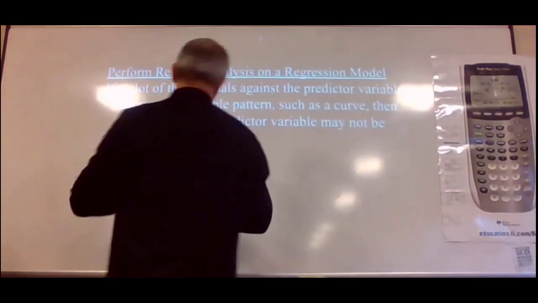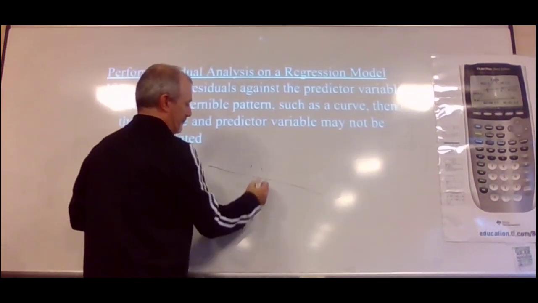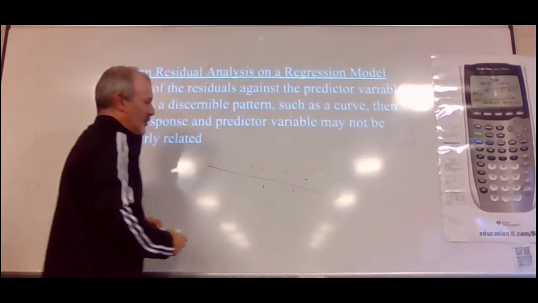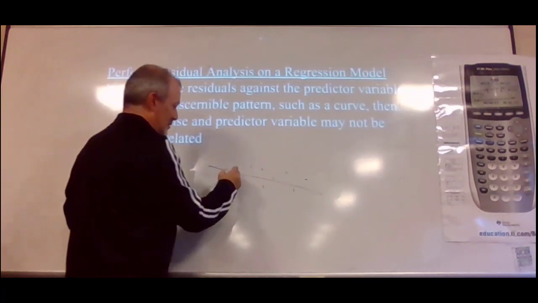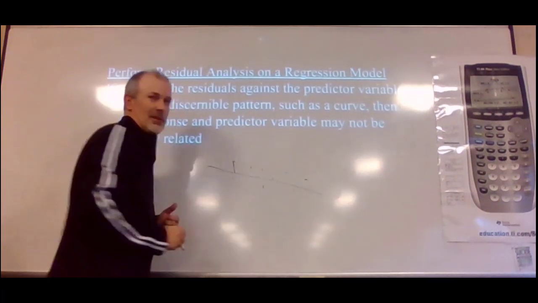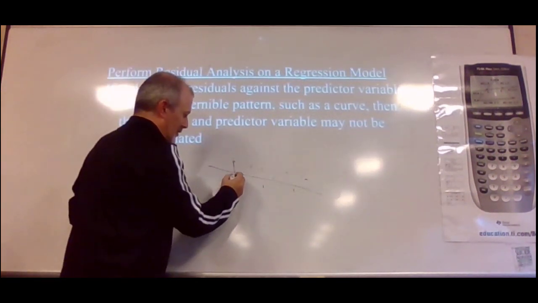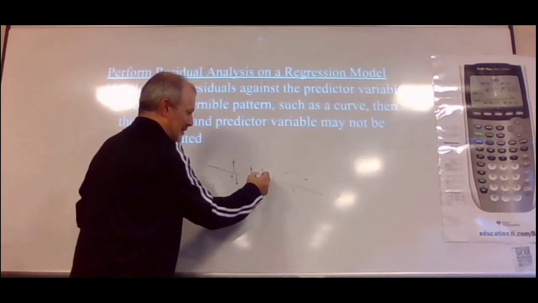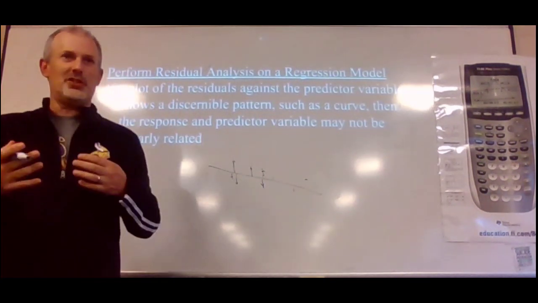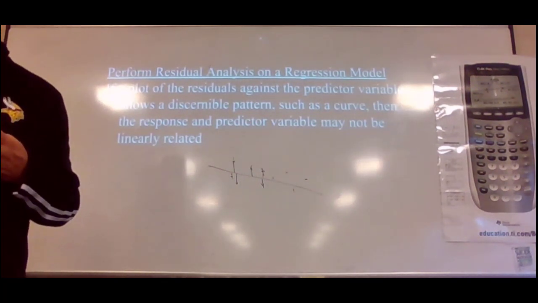If you have your points, let's just put my line back up here. So if you have your points and you're graphing this, notice this would be a positive value, fairly large. This would be a small negative value, a little bit bigger negative value, negative value, positive. So we really shouldn't be getting a pattern with those residuals, right?